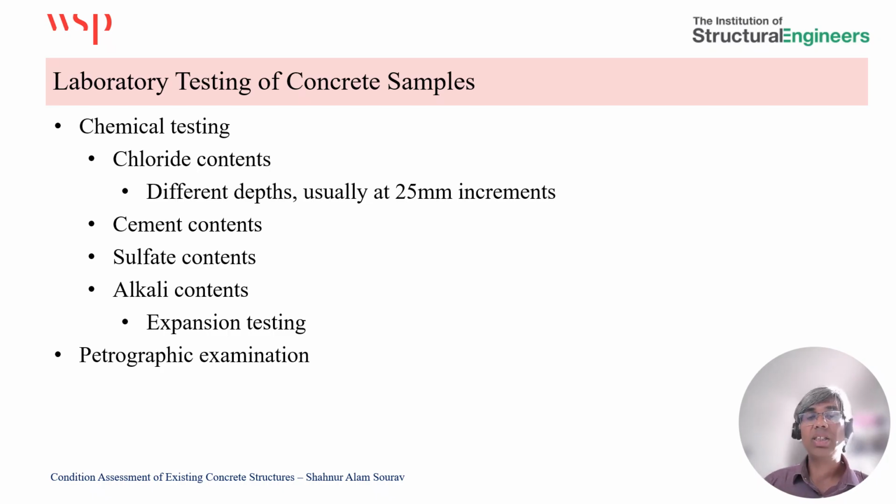It can also provide information about the quality of the concrete, degree of hydration, voiding, and type of aggregate used. Another most important thing is fire: to determine the depth of fire damage, petrographic examination is one of the best approaches to determine the fire affected elements.